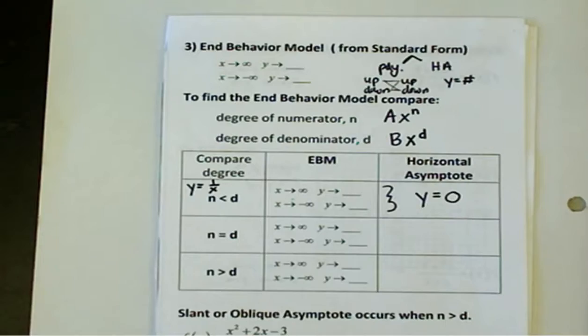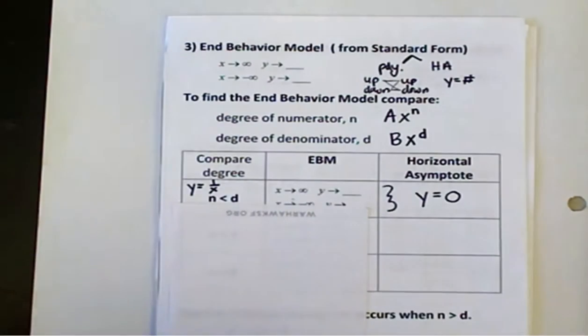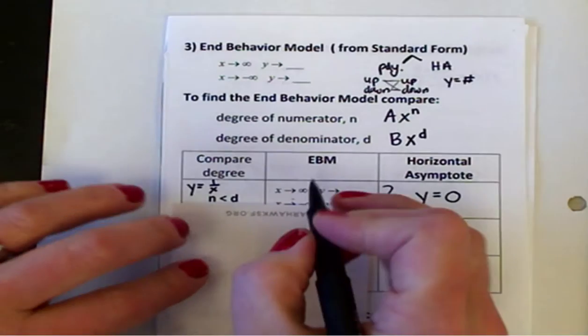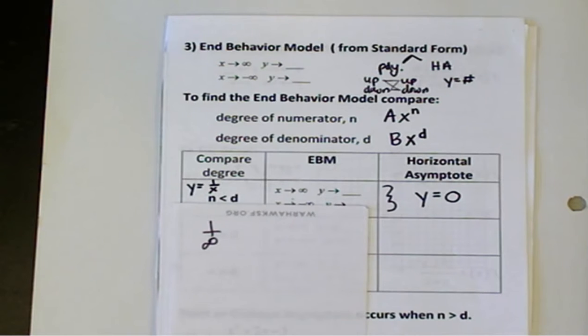What happens when you plug in 0 or plug in positive infinity here? What's 1 over positive infinity? It's not undefined.